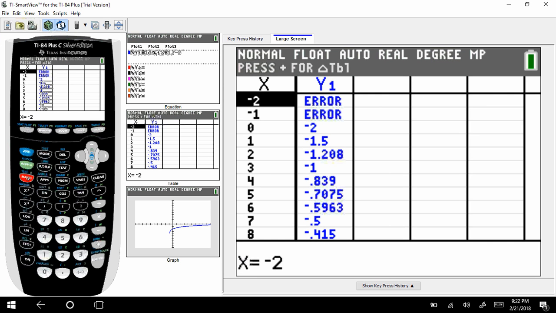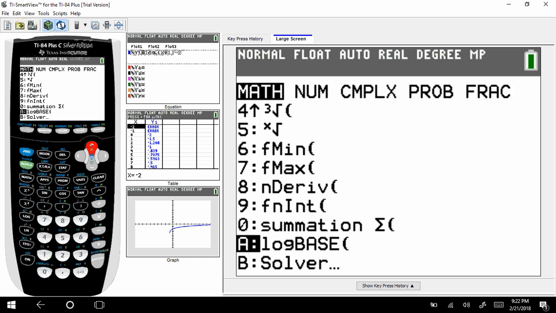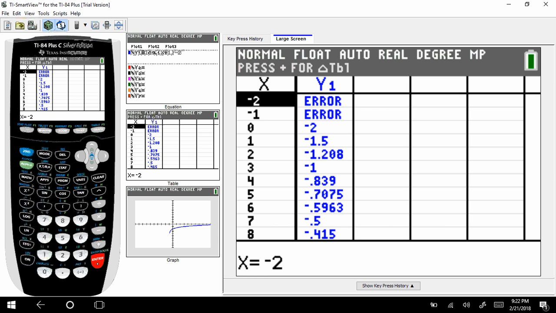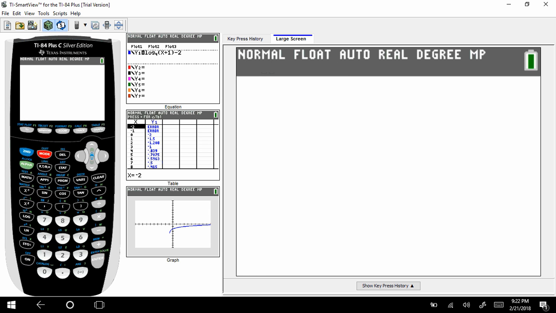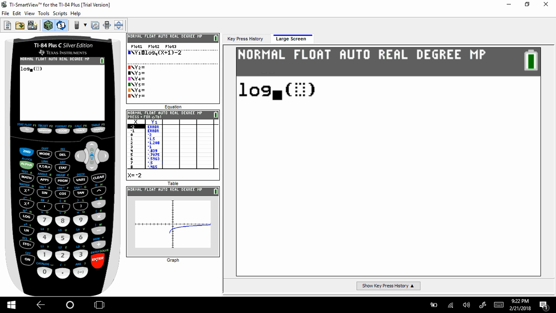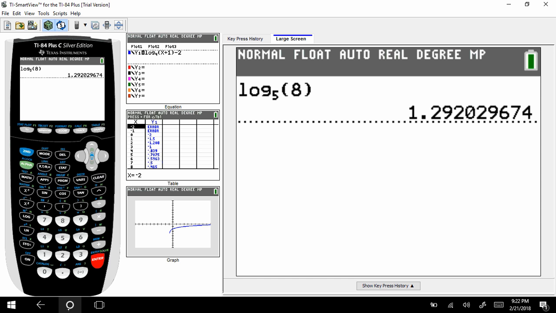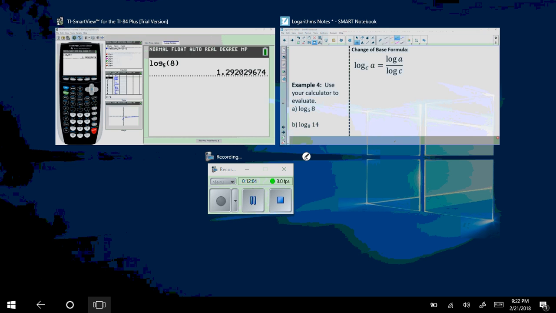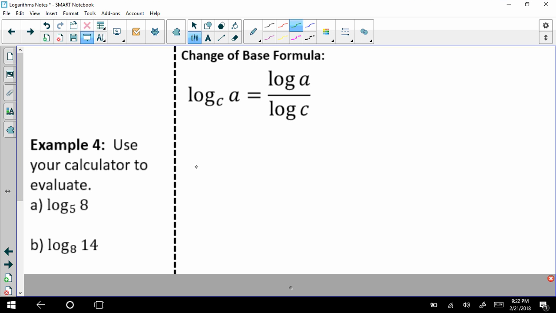Those of you with the log base function, you go to math, log base 5 of 8, and we get 1.29. So part A, 1.29.